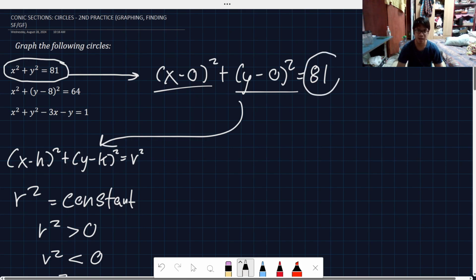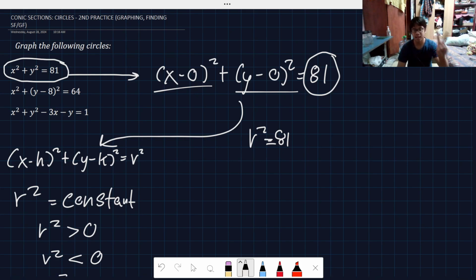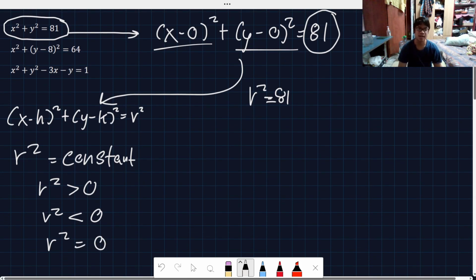Again, on the right side, it's a constant, and that constant is your r squared. Therefore, the r squared here is 81. The standard form is given already, so we're good to go. Now, the second step is your r squared, which is 81.